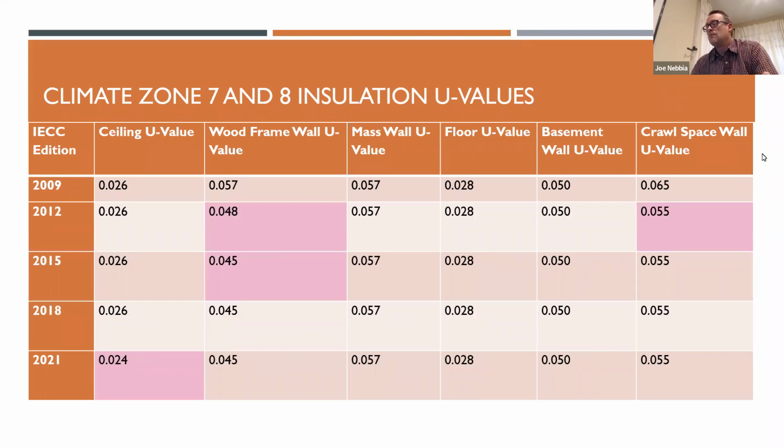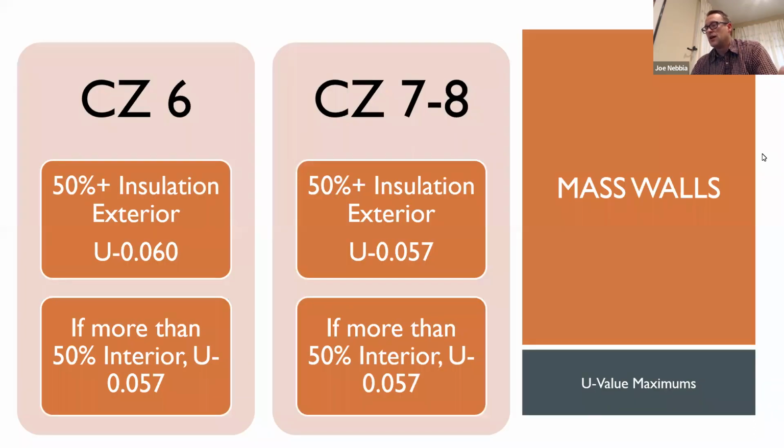If more is to the interior, then there's a different U value that's required in climate zone 6. Climate zone 7, it doesn't move. Again, this is kind of an illustration of how the U factor and what's required in the R value isn't always in sync. But if you're in climate zone 6 and you're using U value compliance as opposed to R value, you have a more aggressive 0.057 instead of 0.060 U factor.